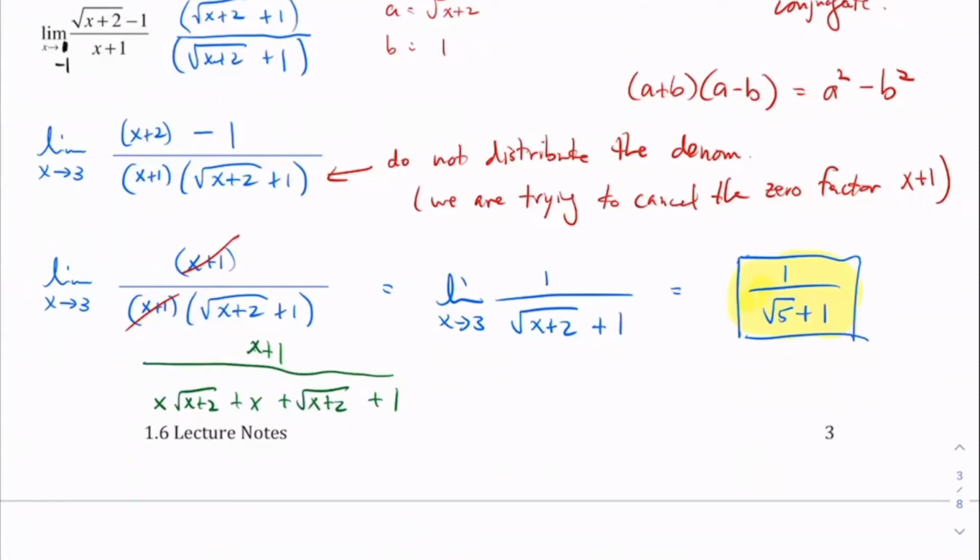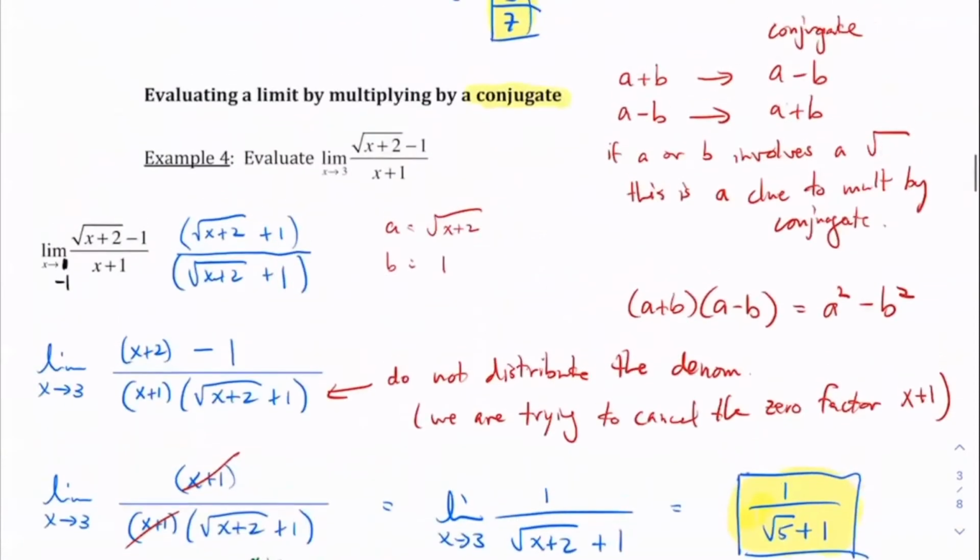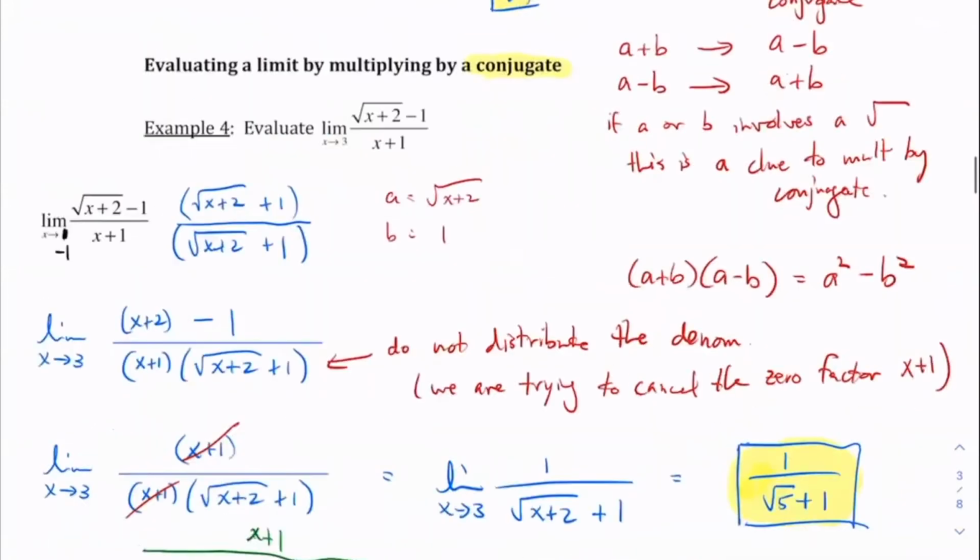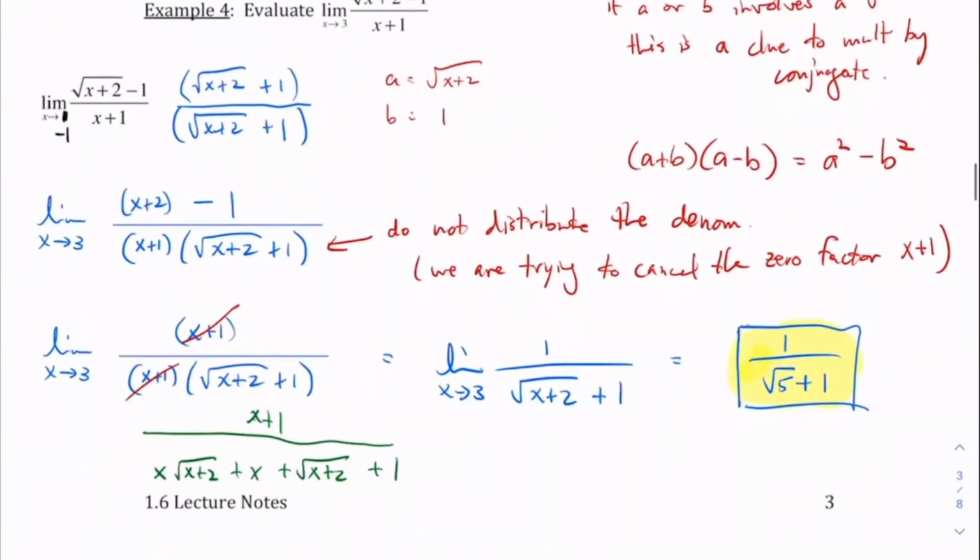Actually, I was also confused about the numerator of the problem in the middle, where it's x plus 2 minus 1, but on the bottom the minus 1 is not there. How did we get rid of the minus 1? It's x plus 2 minus 1, and then at the bottom is just x plus 1 now.